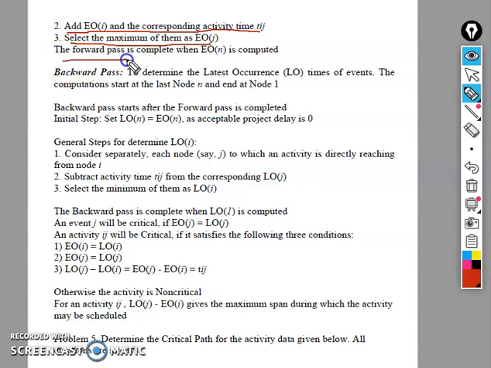That is the forward pass; on its completion, the earliest occurrence of every node up to n is computed.